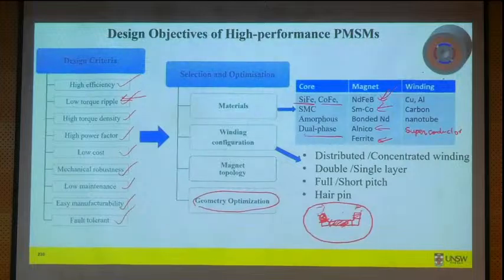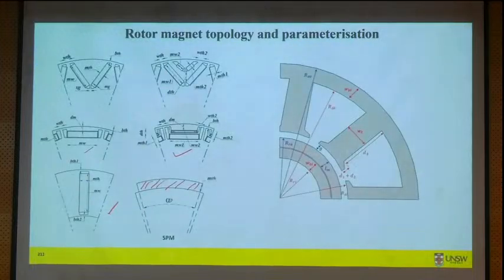So if you want to optimize the geometry, then we have to in fact assign all these dimensional parameters as variables to our optimization routine. Okay? So making the dimensional parameters variable is called parameterization of the geometry. Okay, so that's what you are seeing here.